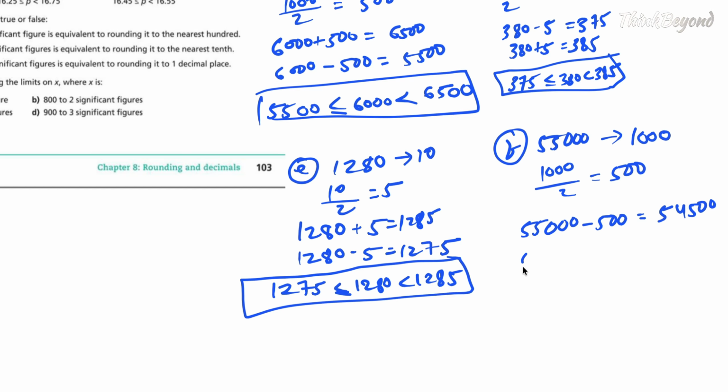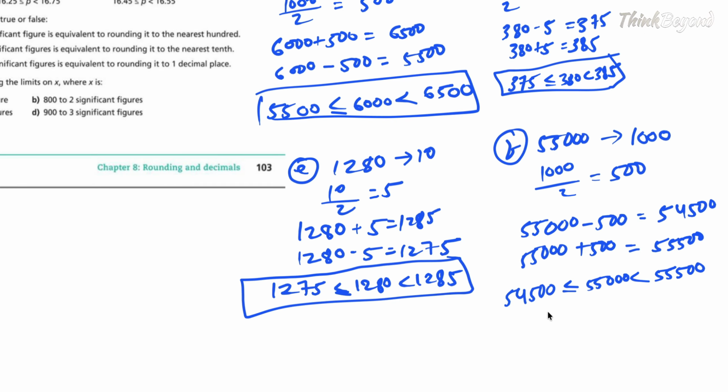Now 55,000 plus 500 will give you 55,500. So the inequality will become 54,500 is less than or equal to x and x is less than 55,500. Clear?